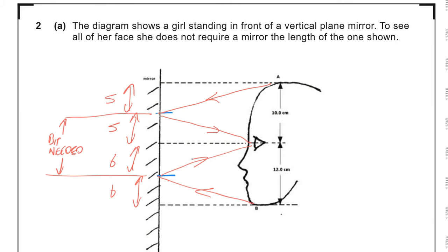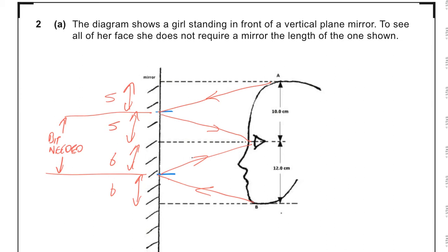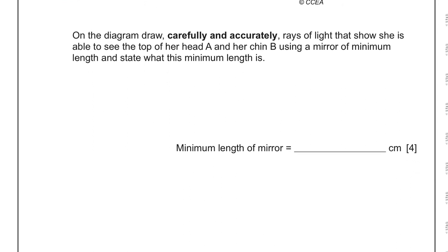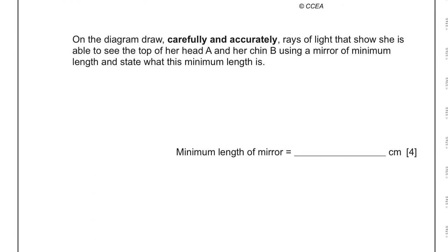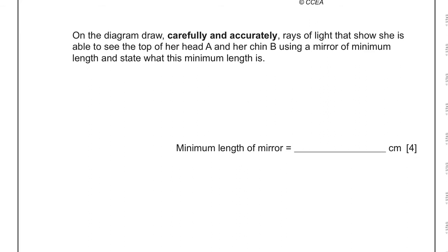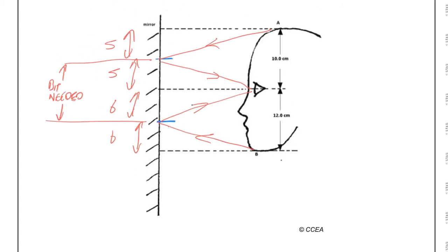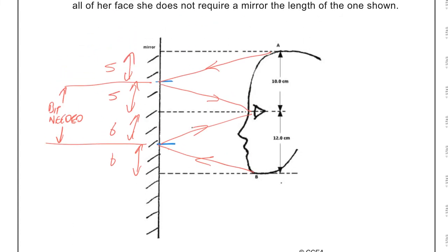And so we just do a wee calculation in the next bit to show that what they need is that middle bit, which is going to be the 6 and the 5 added together. Part of the marks are going to be for this diagram, and part of the marks are going to be for a little calculation.